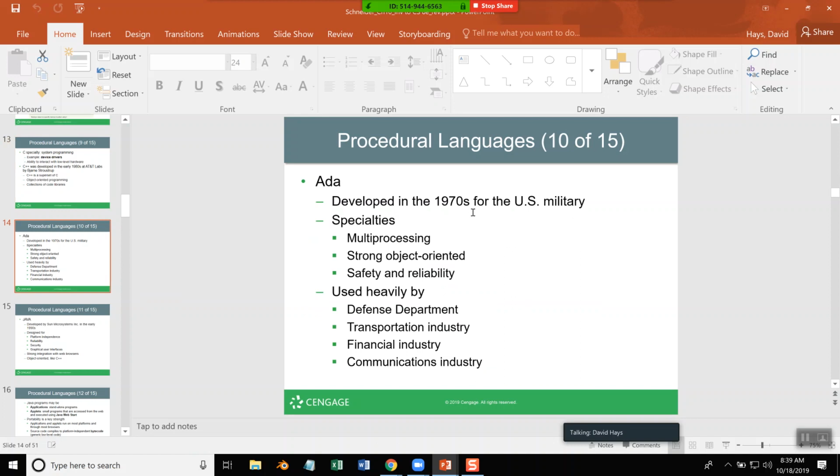Ada, developed in the 1970s, was multiprocessing, strong object-oriented, with safety and reliability, used heavily by the Defense Department, transportation industry, financial industry, communications industry. I wouldn't say it's necessarily used heavily by the financial industry, but there's definitely those other three I can see.